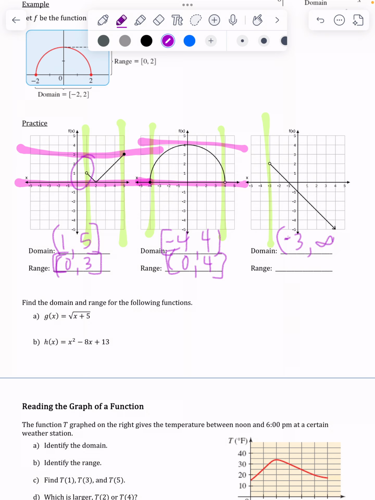When we do infinity, because it's an arrow and it keeps going forever and ever and ever, we actually use a parenthesis with that too, because infinity is a concept, not a number. And then if I look at the bottom, it's like, well, this keeps going forever and ever and ever, so it's touching all the negative y values. So this actually starts at negative infinity, and it goes on forever and ever and ever up until 2. And that is an open dot.